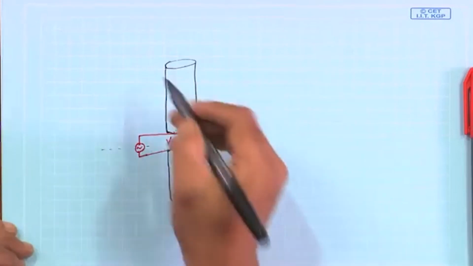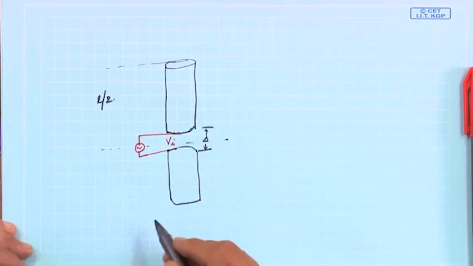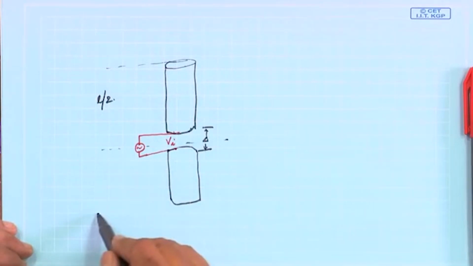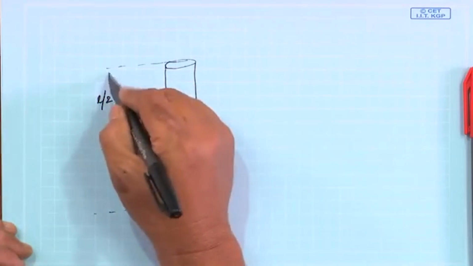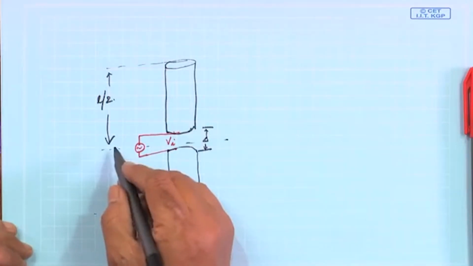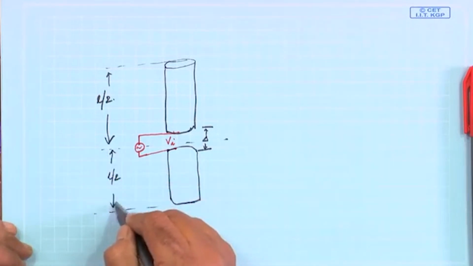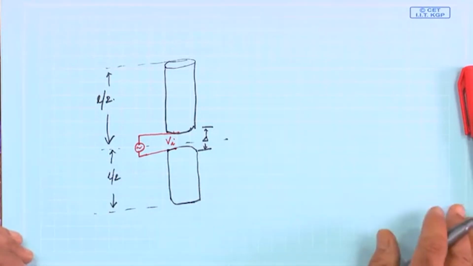From the central point to the top this is L by 2, and similarly the length of the bottom pole is also L by 2.